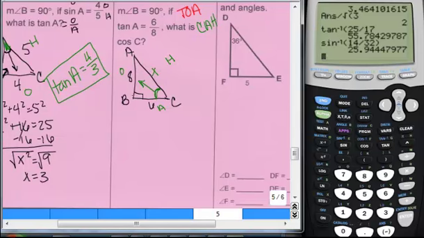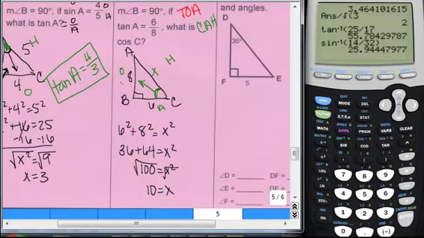Now again, this is a Pythagorean triple, so if you recognize it, you could just write in your answer. But if you don't, then you need to do Pythagorean theorem. So it is a Pythagorean triple. It's our 3, 4, 5 triangle just multiplied by 2.